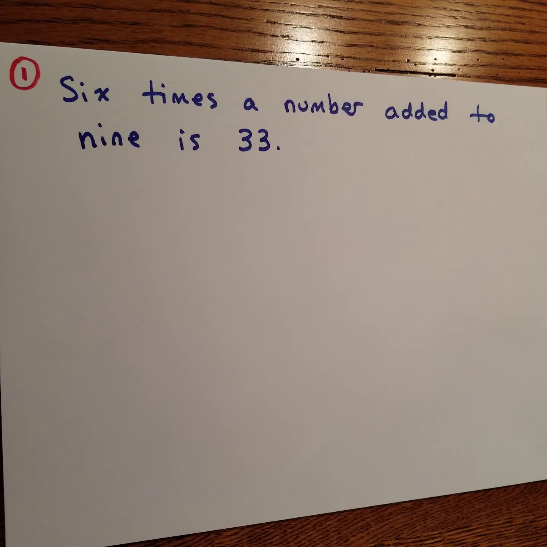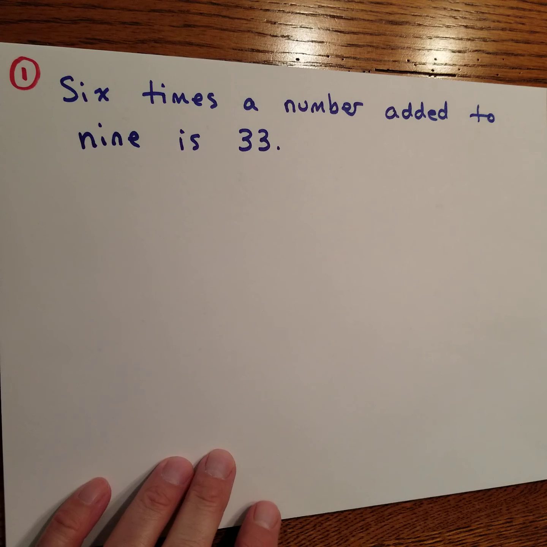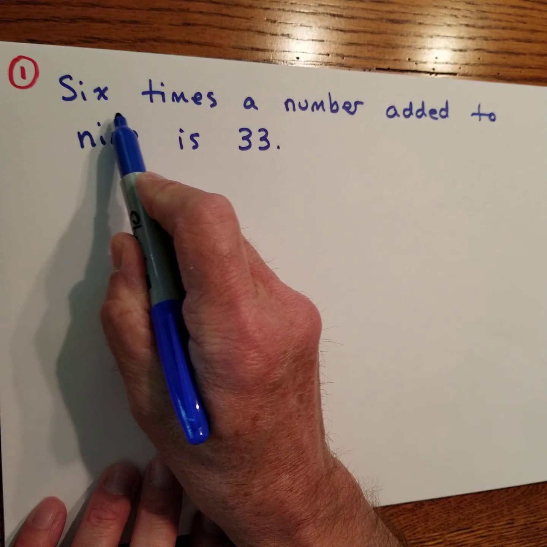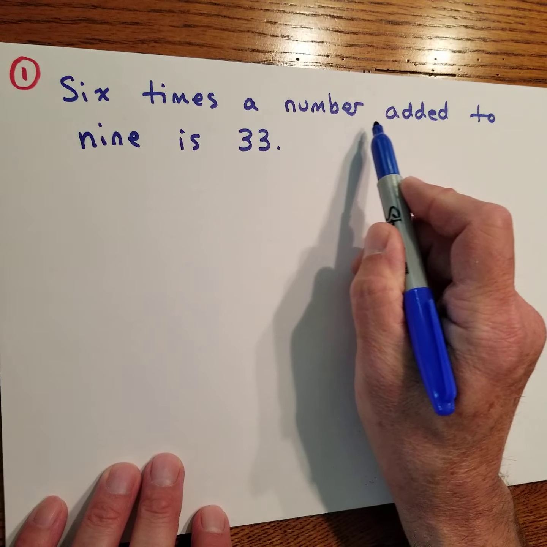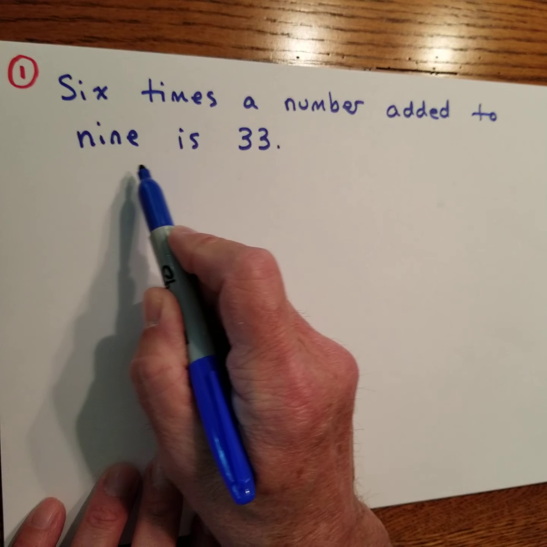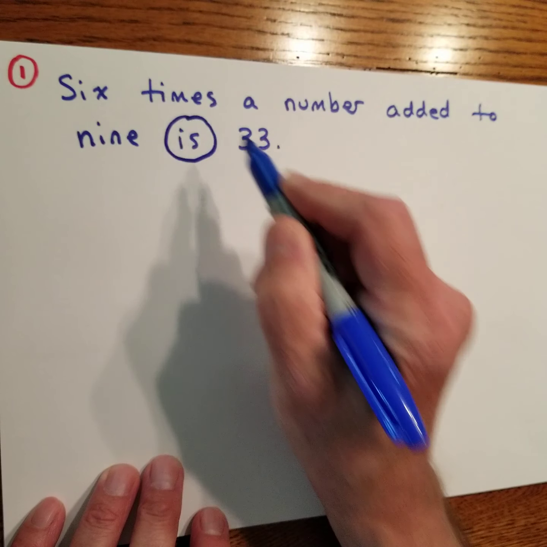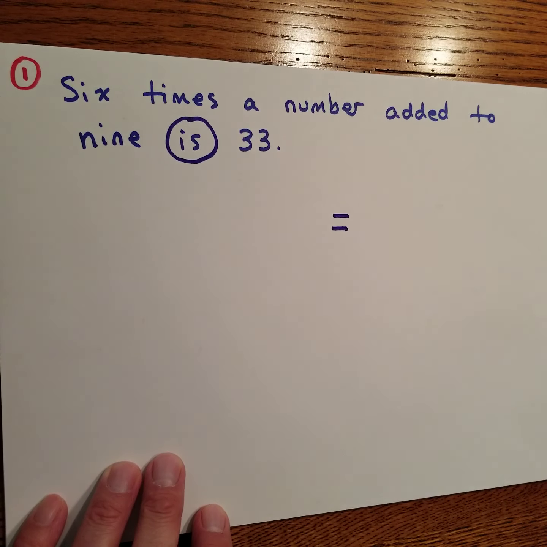Number 1 says 6 times a number added to 9 is 33. But let's make sure we're reading like a math person. We skim through the words, looking for the word that means equal to. Skim through until you find the word that we can use as the equal sign. There it is. We know that is oftentimes means equals.